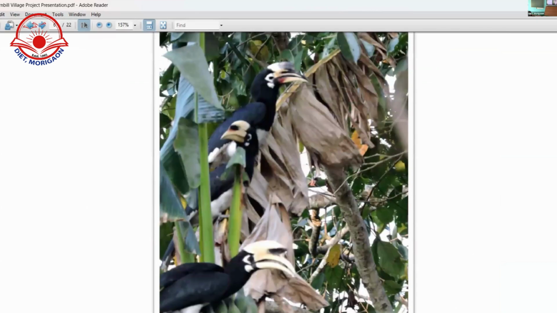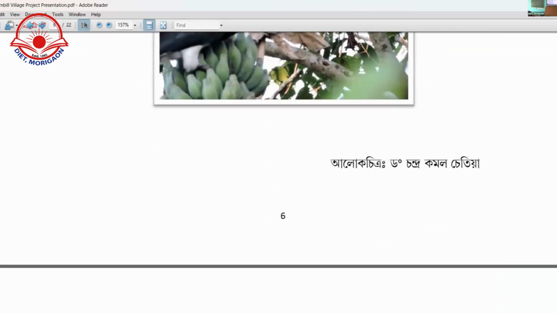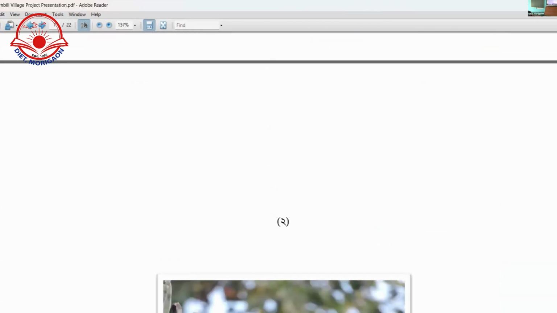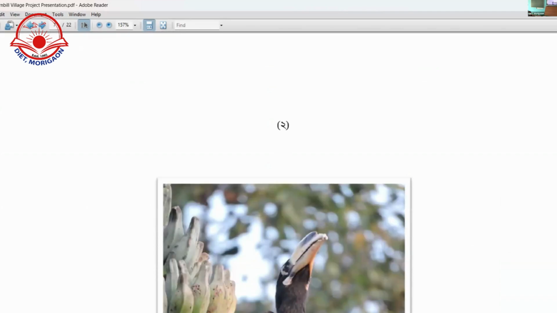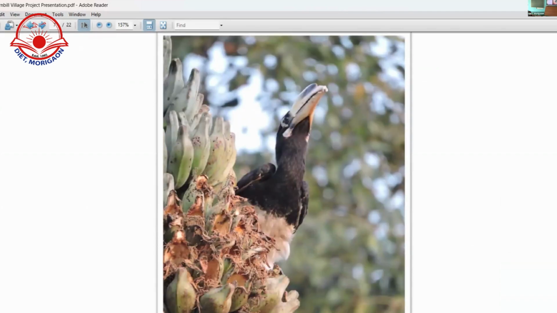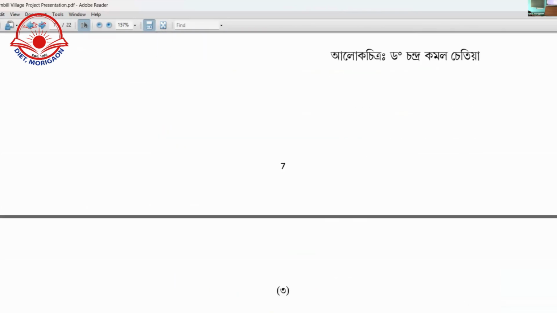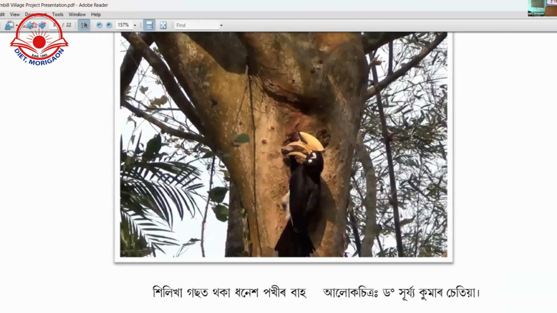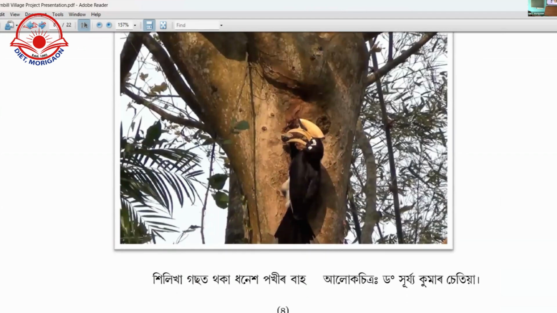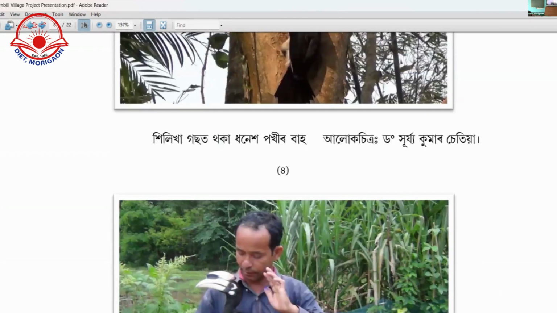The people provided food for the hornbills, sacrificing ripe bananas to the hornbills instead of keeping them for their children or themselves. The birds used to take shelter on the trees in the village, so they protected the nests of the hornbills.